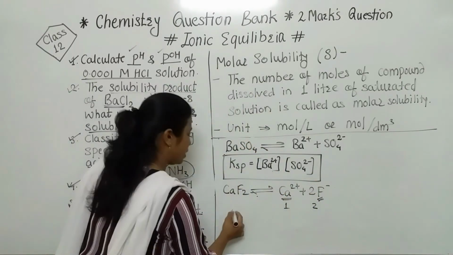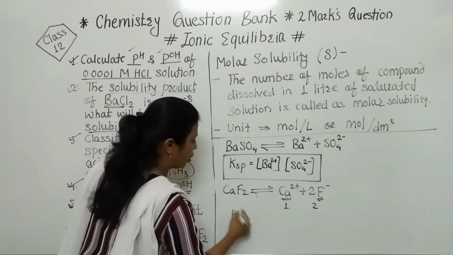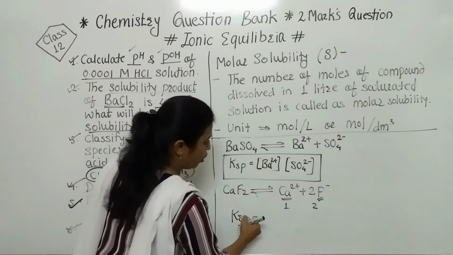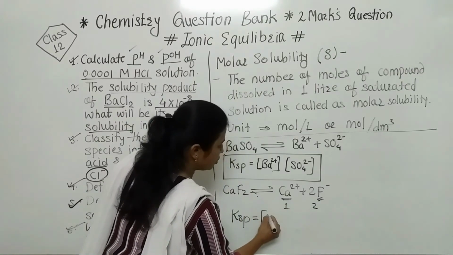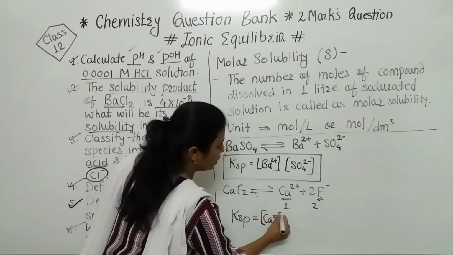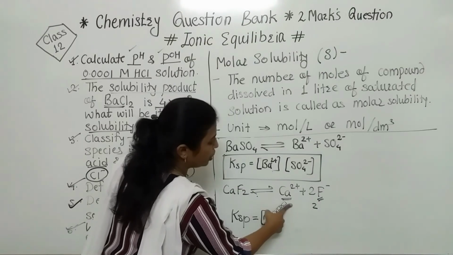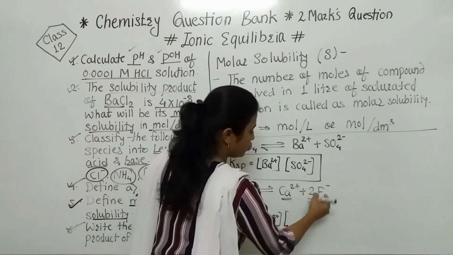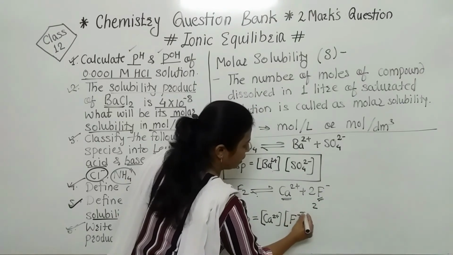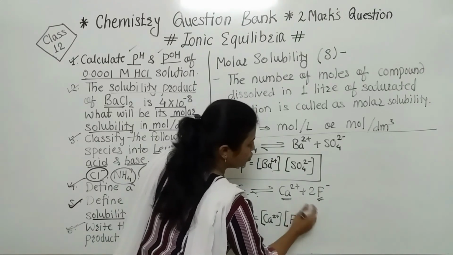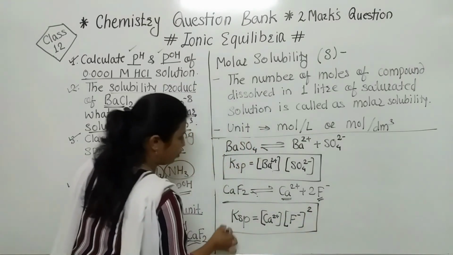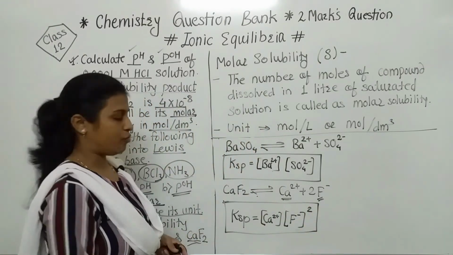So when writing the solubility product for CaF2, Ksp is equal to the concentration of cation, Ca2 plus, 1 is there so no need to write a power, times the concentration of anion F minus. How many are there? 2. So here we have to write the square, and this is the solubility product for CaF2.